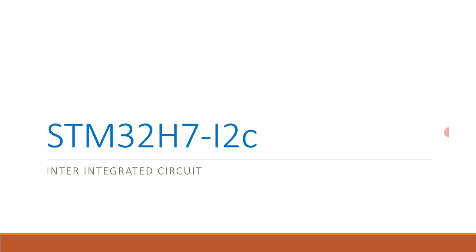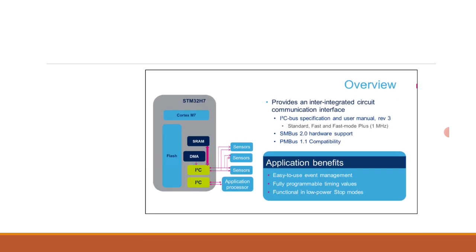Let's move ahead. So the SMBus system management specification revision 2 and the PMBus system management protocol specification revision 1.1. This peripheral provides an easy to use interface with very simple software programming and full timing flexibility.